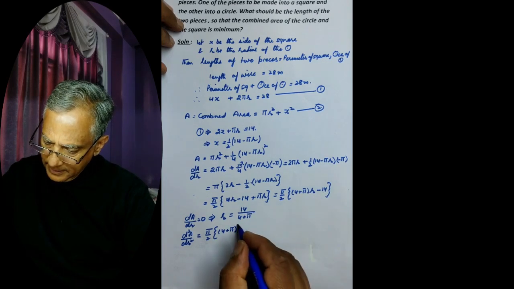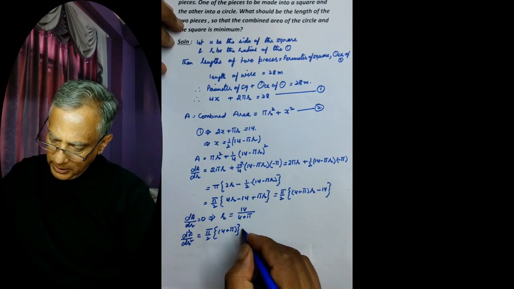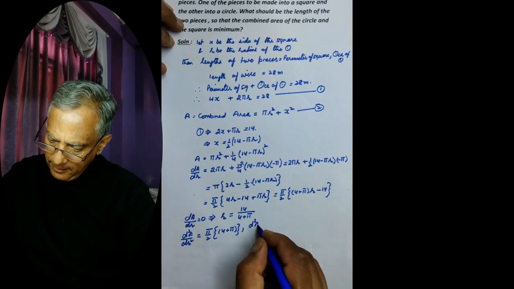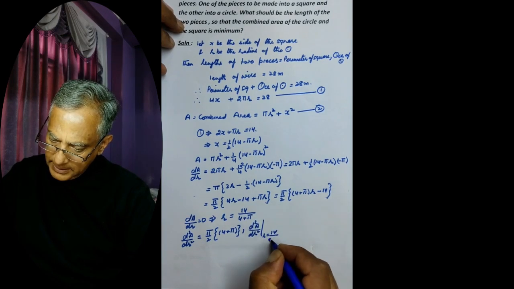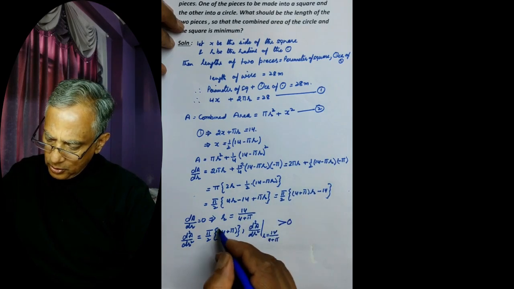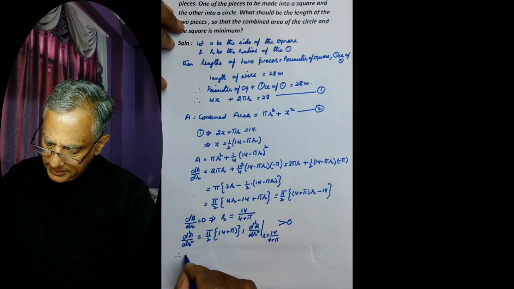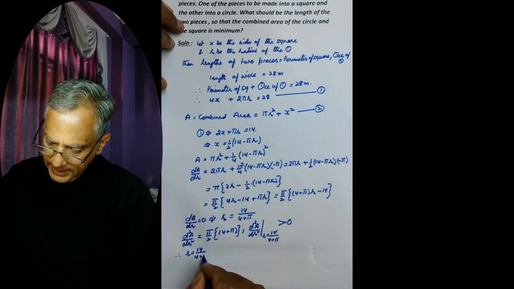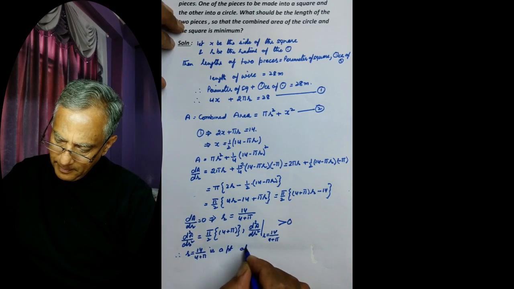So we get pi by 2 into 4 plus pi, which is positive. Therefore, d2A by dr square at r equal to 14 over 4 plus pi is greater than 0. Therefore, r equal to 14 over 4 plus pi is a point of minimum.